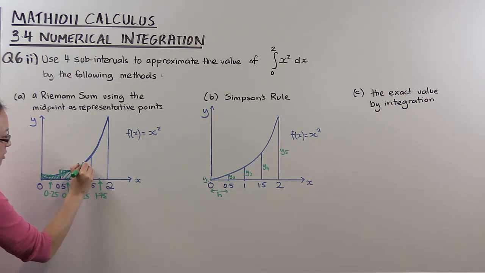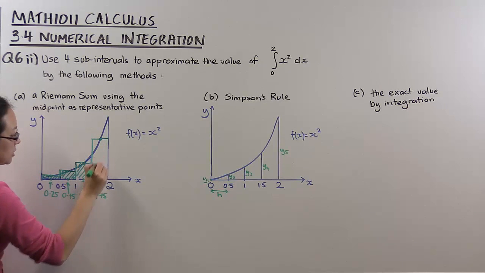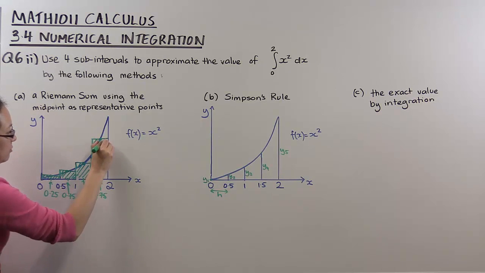The height of the third rectangle is going to be the function value at 1.25, and the height of the last fourth rectangle is going to be the function value at 1.75.